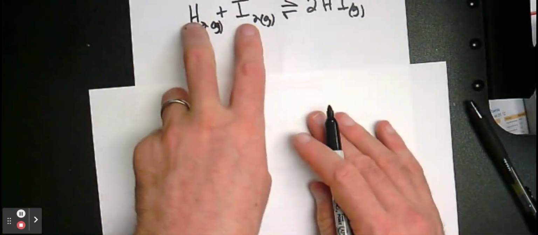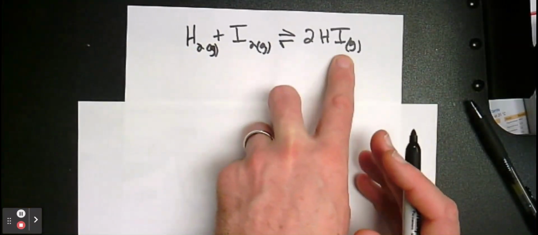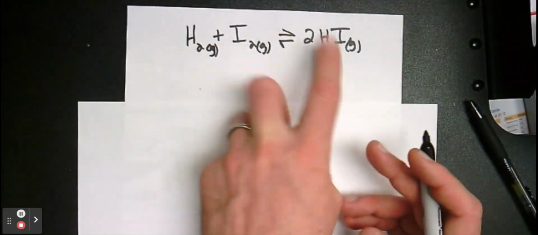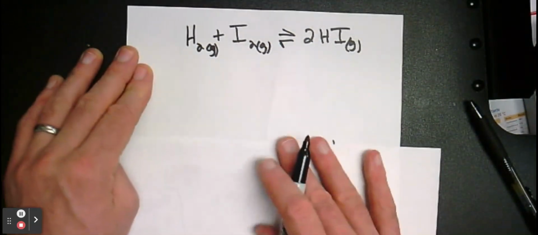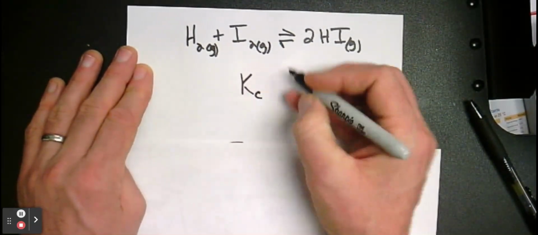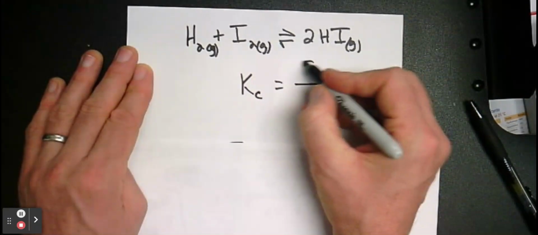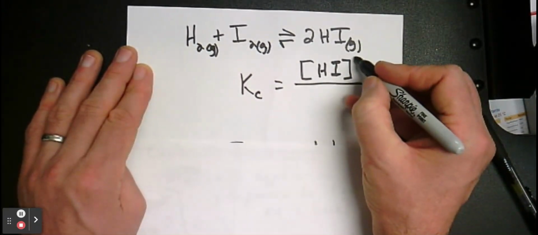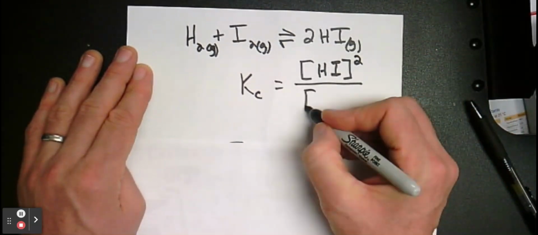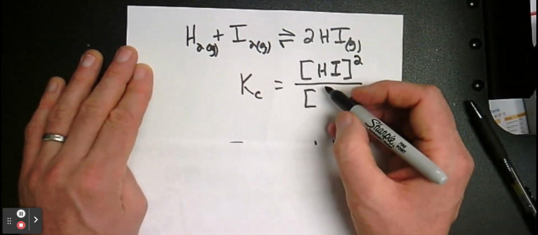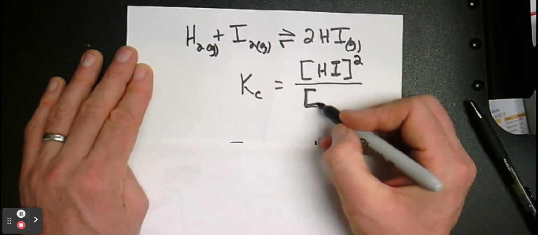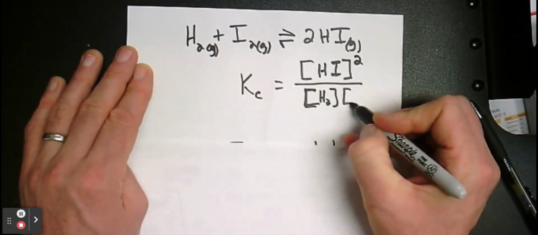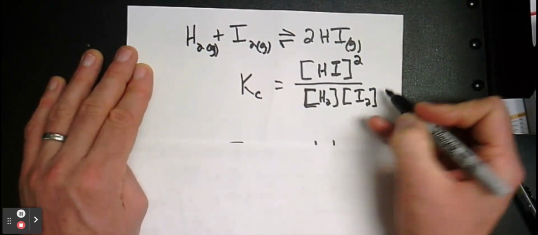Now I've got two gases, diatomic, forming two compounds. What's the Kc? What's my concentration going to be? Well, it's going to be equal to my products, the concentration of HI squared over the concentration of the reactants.